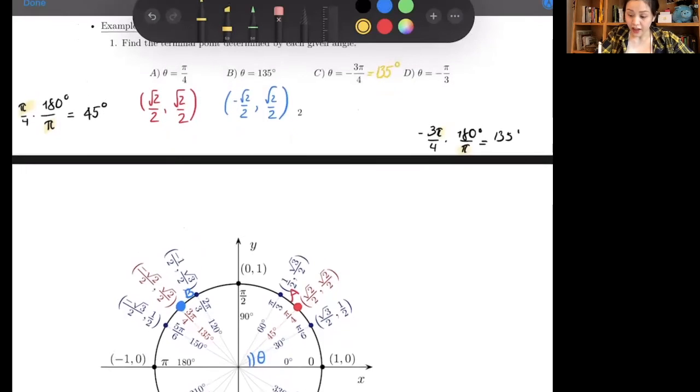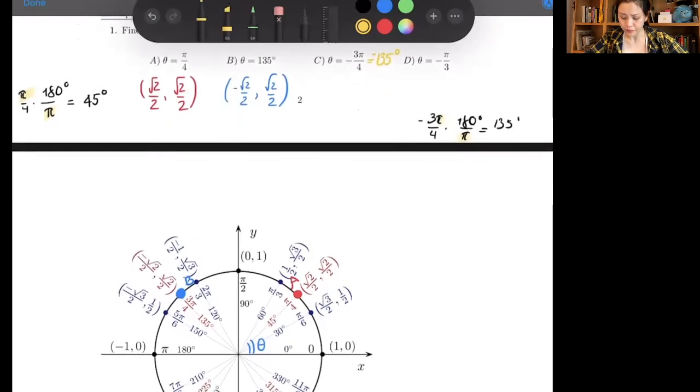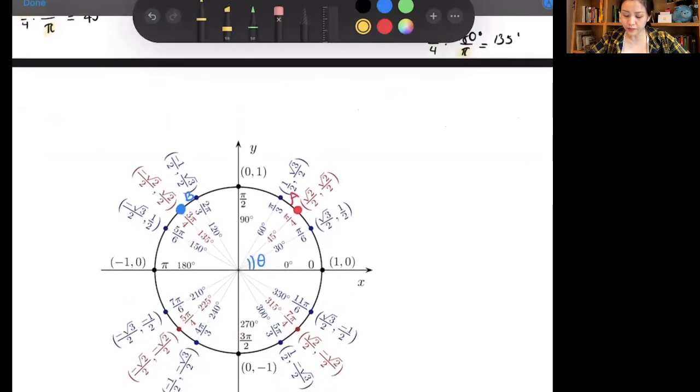So negative 135, I'm sorry, negative 135. Remember, we go clockwise for a negative angle. If you take 360, subtract 135, you get 225. So right here, if I go clockwise, right there, that's negative 135 degrees.